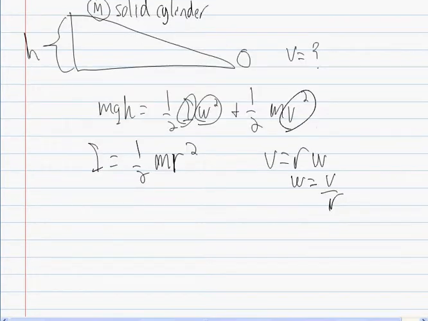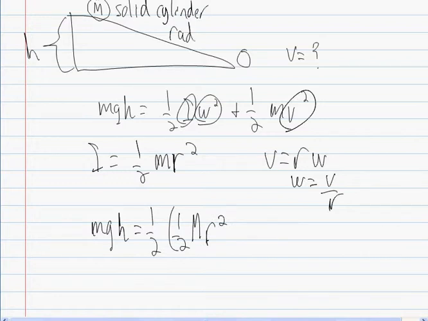So we have mgh equals 1/2 capital M R squared. We should give this a radius R. We'll even capitalize it for fun. Plus 1/2 capital M v squared. Oh, I didn't put omega squared in there either. Okay.